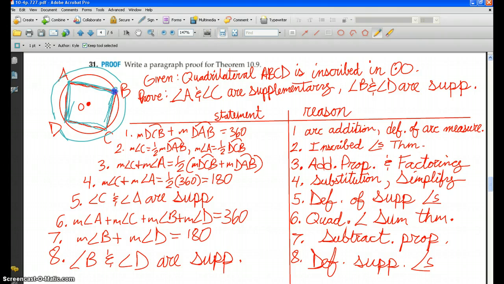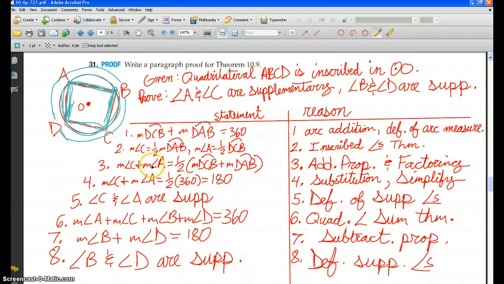So this inscribed angle, its intercepted arc is DAB, and for angle A, its intercepted arc is DCB. And remember that the inscribed angle will be equal to half of its intercepted arc. So C is half of DAB, and A is half of DCB. And that's by the inscribed angles theorem.